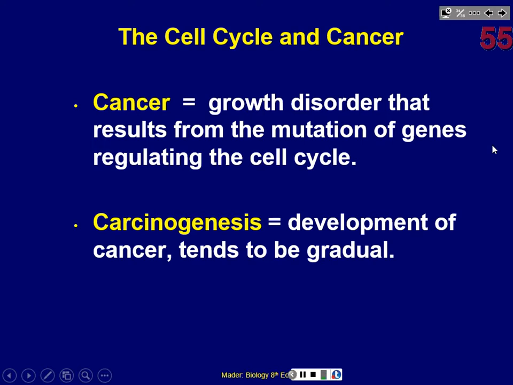I'm going to stand here, and I'm going to say that from here until the edge of the desk is a continuum, okay? And the edge of the desk is cancer. So let's say that I'm talking about a certain gene involved in cell cycle regulation, and at this point, this far away from the desk, that gene is perfect. It's correct.